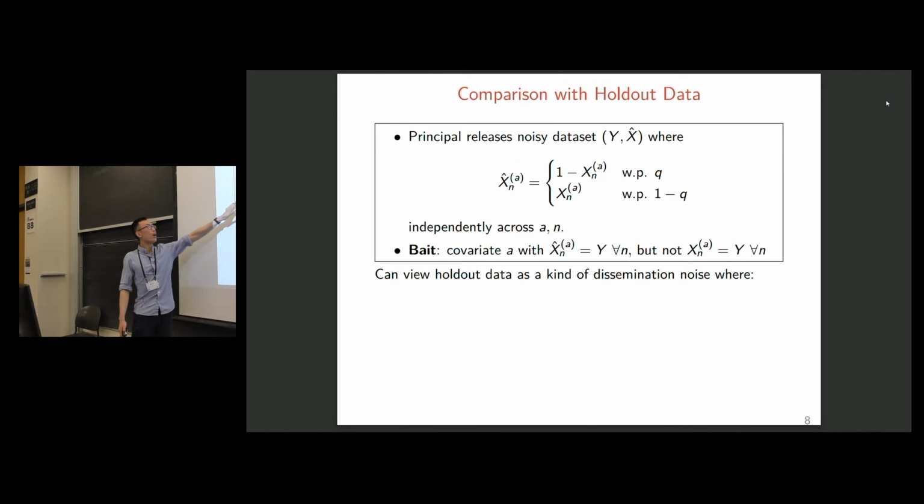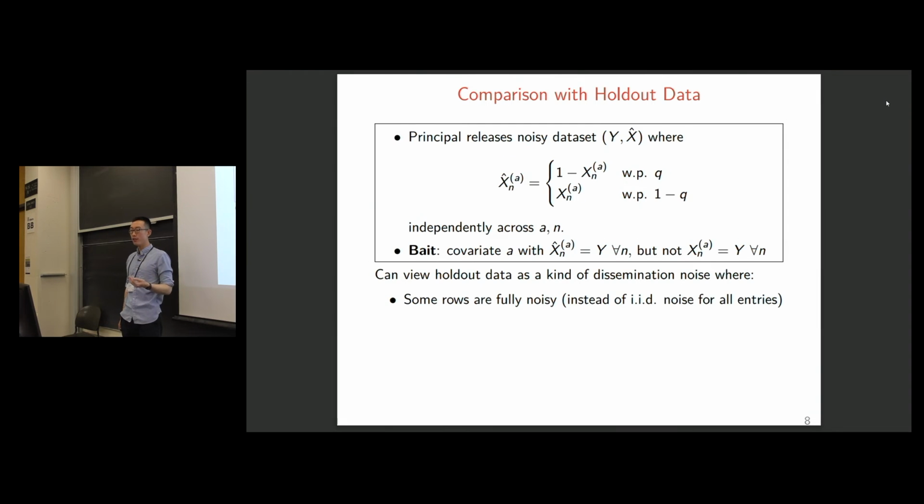This idea of injecting noise might remind you of something like holdout data. So you could hold out part of the data set, and give the rest of the data to the agents to estimate. Indeed, we may view holdout data as a kind of dissemination noise, where some rows are made fully noisy.